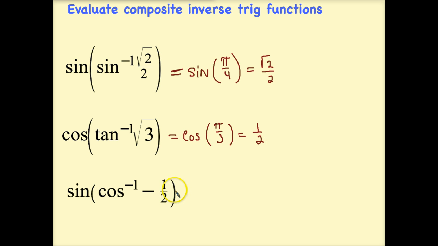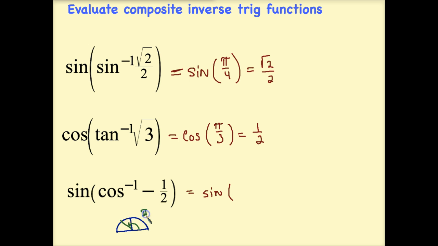And finally, our last problem, where does inverse cosine have an exact value of negative 1/2? Since cosine is in quadrants 1 and 2, we know negative 1/2 is going to be here in quadrant 2. Well, cosine has an exact value of 1/2 at 60 degrees, or pi over 3.